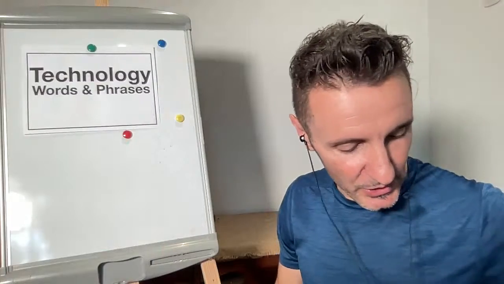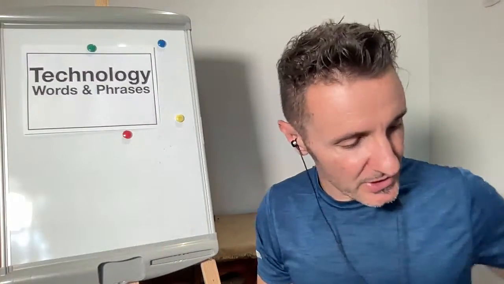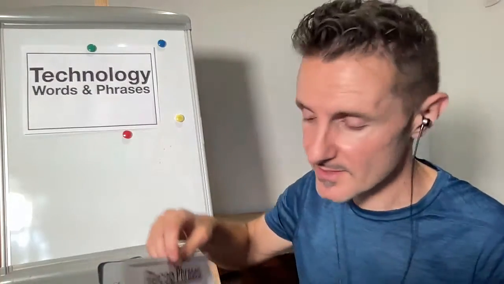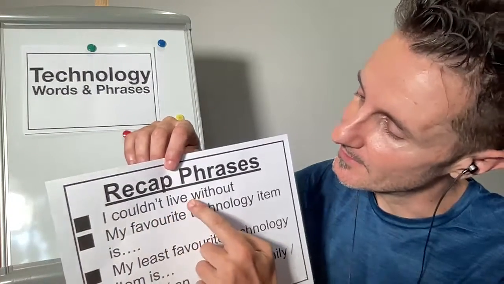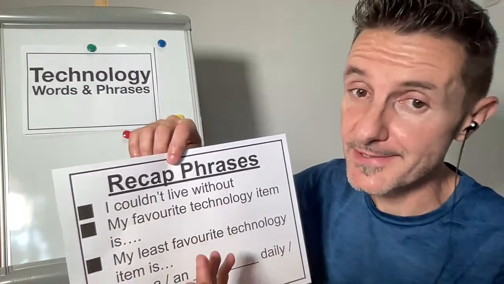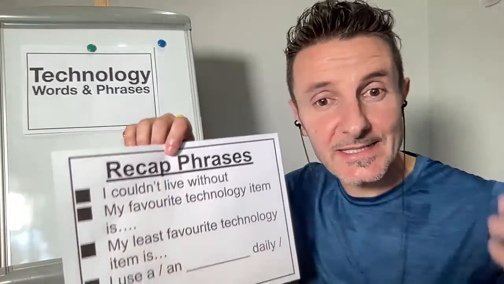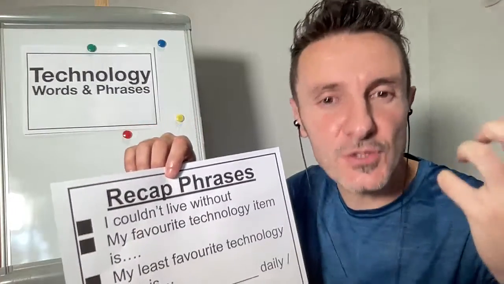Now, I'm going to ask you some quick questions that Nicole covers in her video. Just quickly, before we start with our words, one of Nicole's questions is, I couldn't live without, or phrases. This means it's a technology that you have to have.